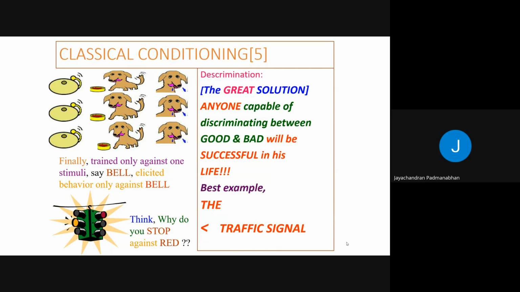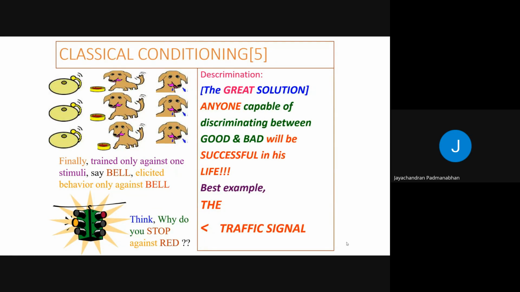So how can you understand this? Here also, it is very, very important how parents become models to the children. A person must be able to discriminate between good and bad.